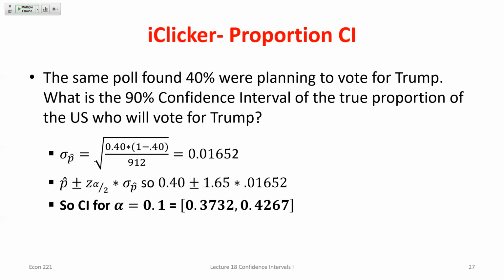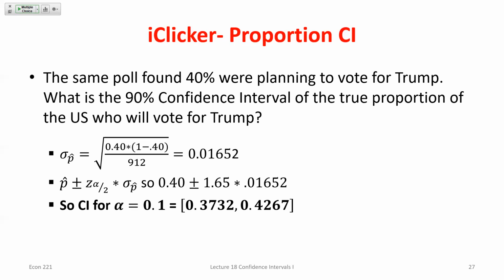So in the worst case scenario, the proportion of people who are going to vote for Trump, at most with 90% confidence, would be this value. At least the proportion of people who are going to vote for Clinton with 90% confidence would be this value here. Well, then this is higher than this. So with 90% confidence, I can say that the proportion of people who are going to vote for Clinton is greater than the proportion of people who are going to vote for Trump.